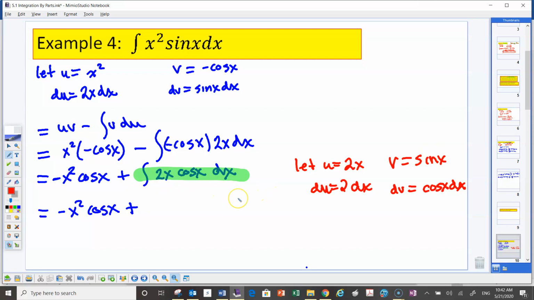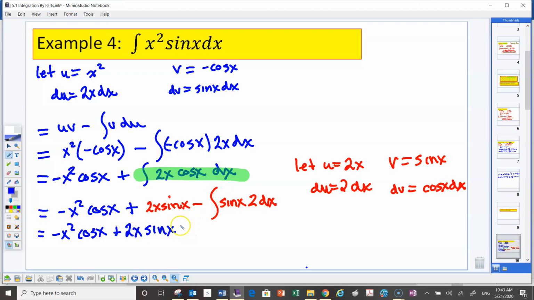So for this part that's highlighted in green, I'm using integration by parts again, so it's u times v, so it's going to be 2x times sine x minus the integral of v, which is sine x, times du, which is 2 dx. So now to work this through, this negative x squared cos x doesn't change, plus 2x sine x doesn't change.